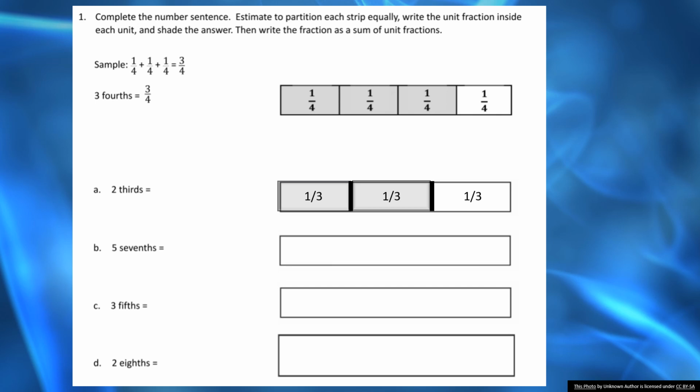So what we just did was we added 1/3 plus 1/3. And 1/3 plus 1/3 equals 2/3. So we're going to write 2/3 next to A. Now you may want to pause your video to make sure that your paper looks exactly like mine.